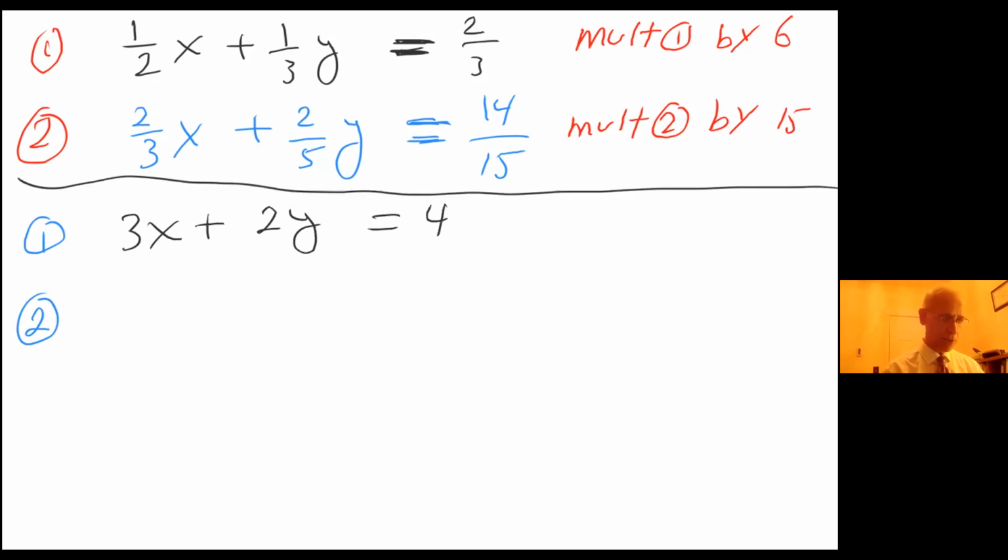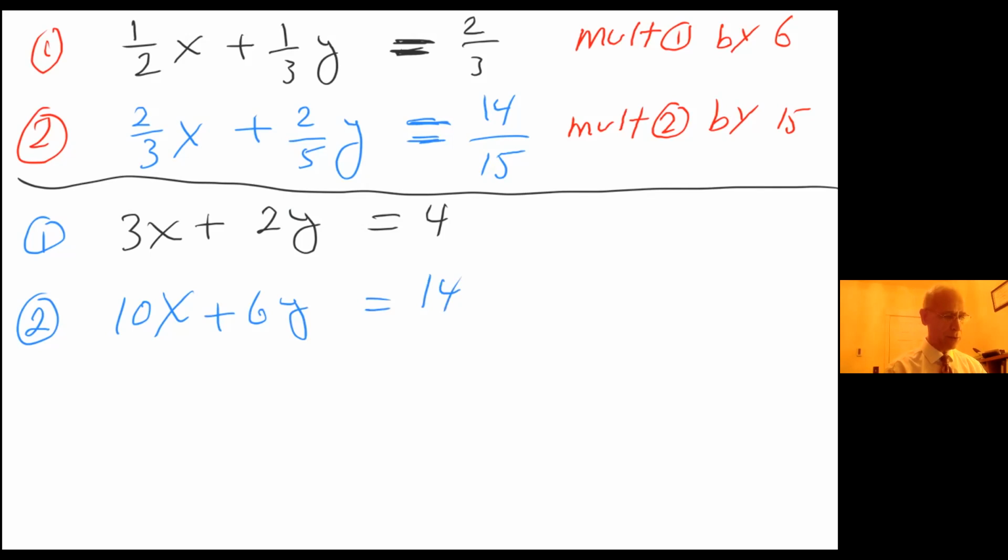The second equation becomes 15 times 2/3 is 10x, plus 15 times 2/5 y, 5 goes into 15 3 times, 3 times 2 is 6y, equals 15 times 14 over 15 is simply 14. Much nicer. Now I don't have to deal with a fraction.